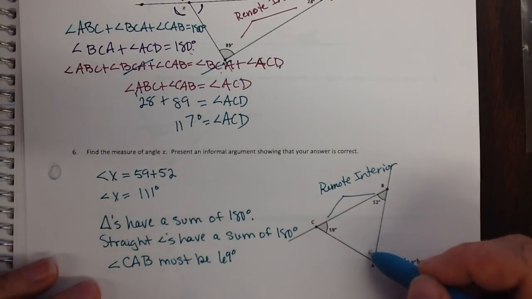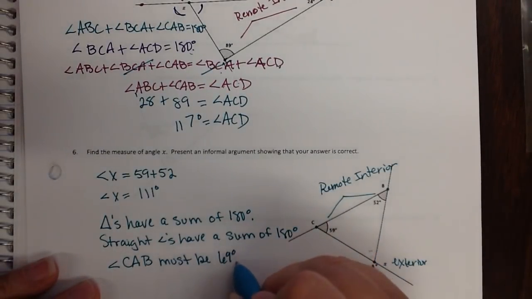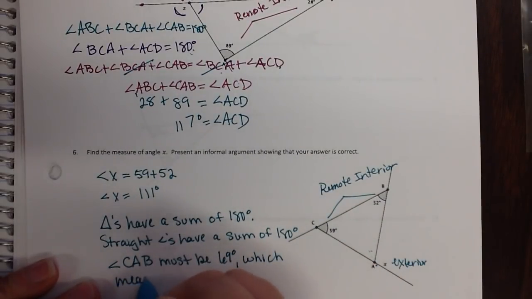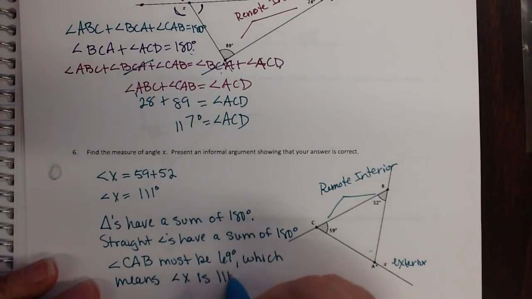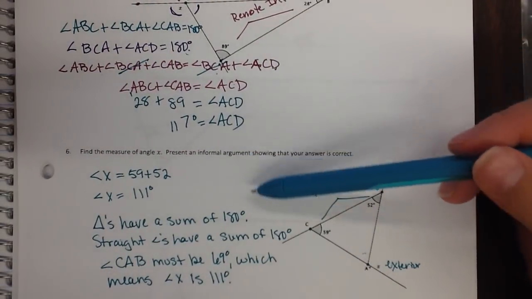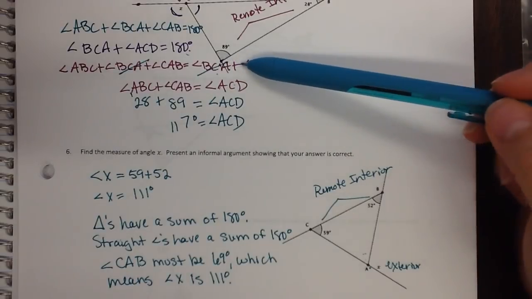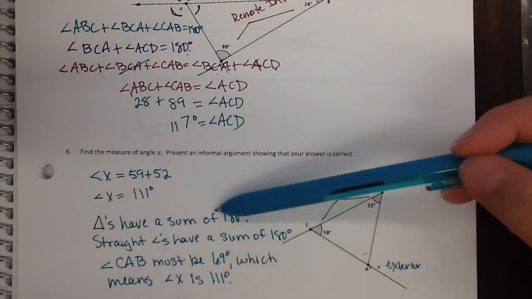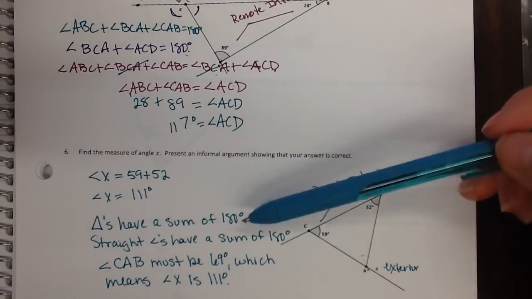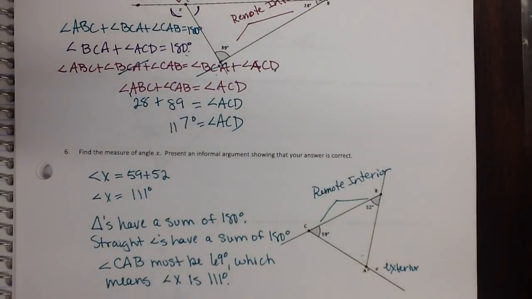So this has to be 69 degrees, which means angle X is 111 degrees. Okay, either one of these arguments with the angles or with the words is completely fine. You pick whichever one you like and use it.